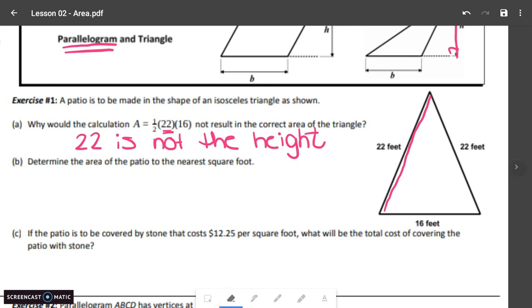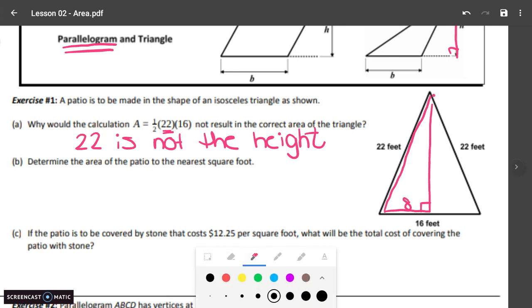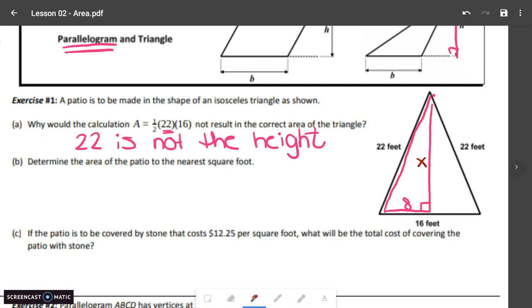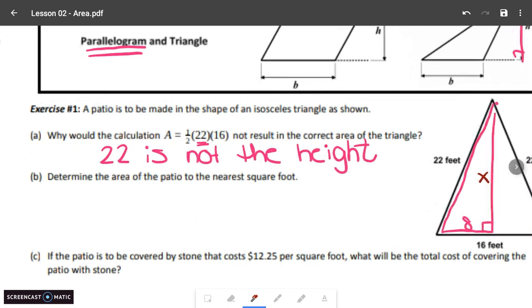So if we wanted to determine the area here, I need to draw in my height, and I'll use this right triangle like we've done in the past. So for this, just to find the height, I'm going to have 8 here because that 16's been cut in half by the altitude, and we will calculate x. So we have 2 sides of a right triangle, so we can use the Pythagorean theorem first.